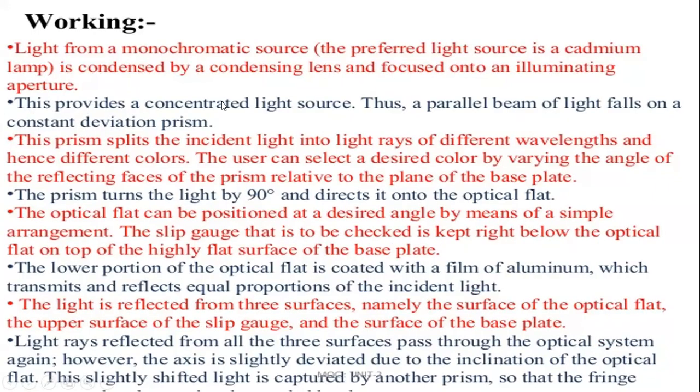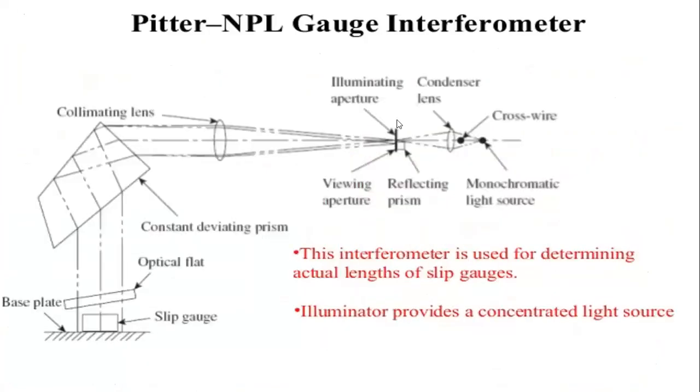This provides a concentrated light source, and thus a parallel beam of light falls on a constant deviation prism. So from this illuminating aperture, the rays are sent to the constant deviating prism, which is used to reflect the rays to the optical flats.